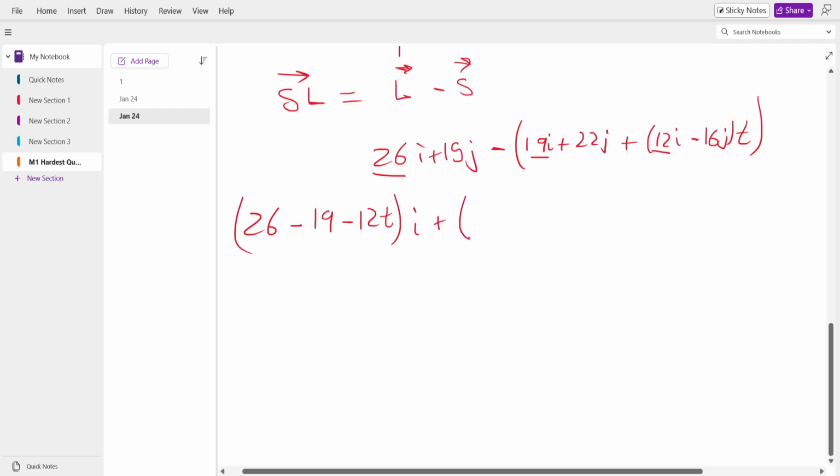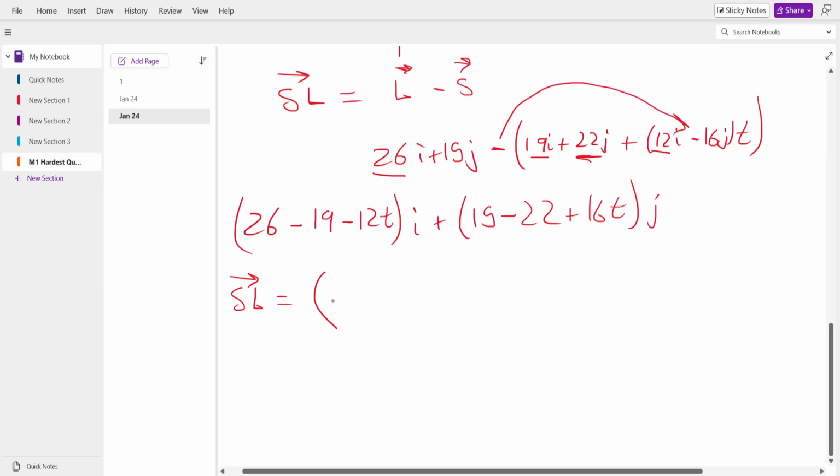And similarly, for the j component, I'm going to have 15 minus 22, and then minus times minus 16 is going to be plus 16t in the j. So basically, SL is going to be a vector with 26 minus 19, that is 7 minus 12t i, plus 15 minus 22, that is minus 7 plus 16t in the j.